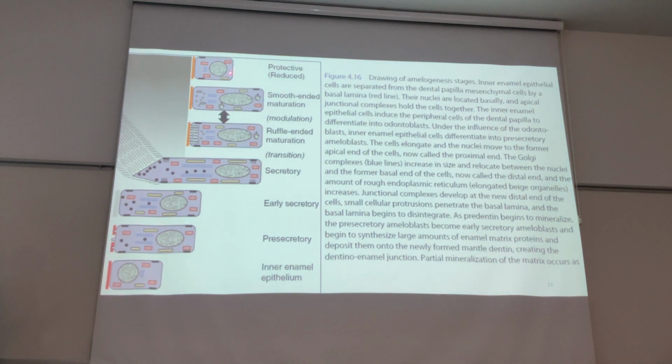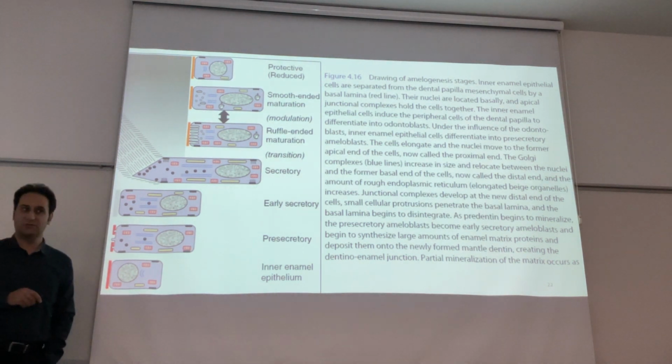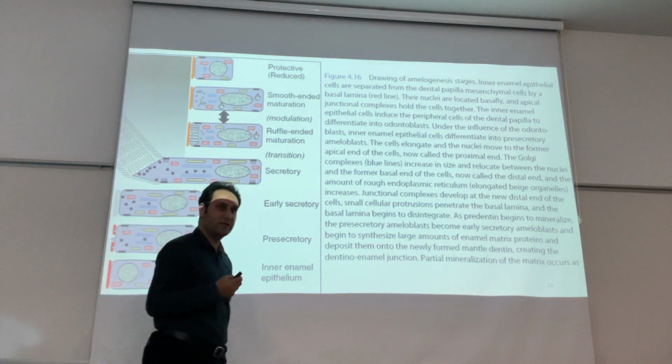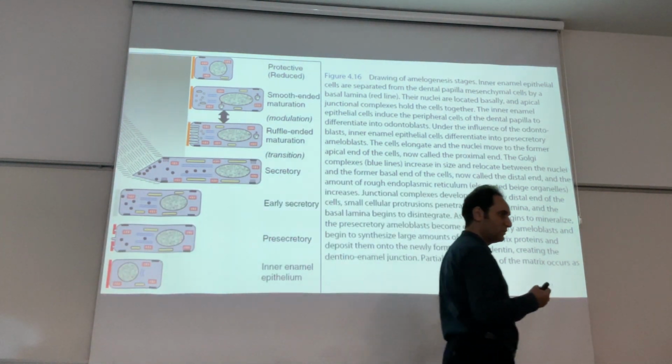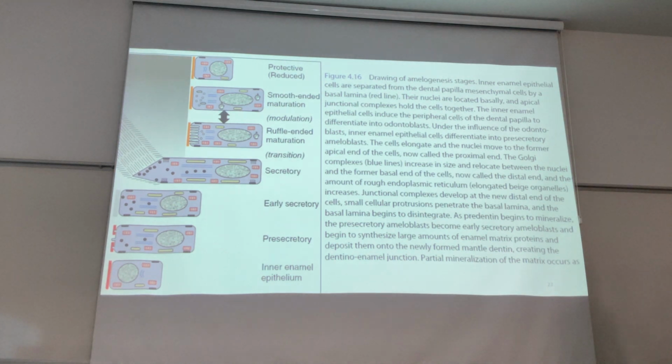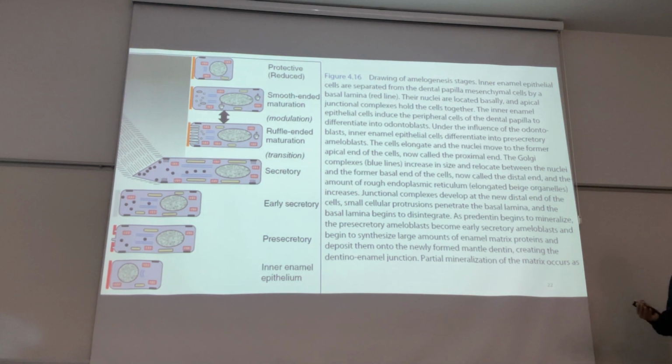This stage is the protective stage. Why do we need this protection? What is this protection? As you know, these cells go to apoptosis, and now in our body we don't have ameloblasts. What is this protective role?